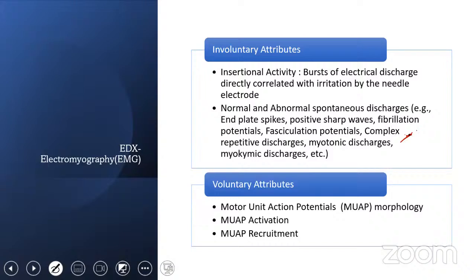After putting the needle in and observing the insertional activity, you ask the individual to rest. Don't allow him to do any activity, and he has to be totally relaxed to elicit the spontaneous discharges. Otherwise, what you get is MUAPs only, and that is not correct. So you have to wait for total relaxation of the muscle before you pick these up.